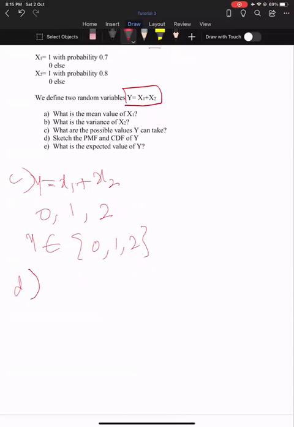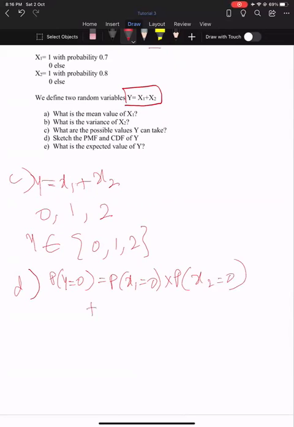PMF is probability mass function. First we'll find its PMF. When will y take 0? Y will take the value 0 when x1 is 0 and x2 is 0.